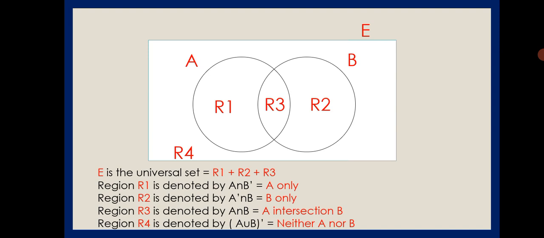What does R1 stand for? Region 1. It is denoted by A intersection B complement, which is equal to A only.